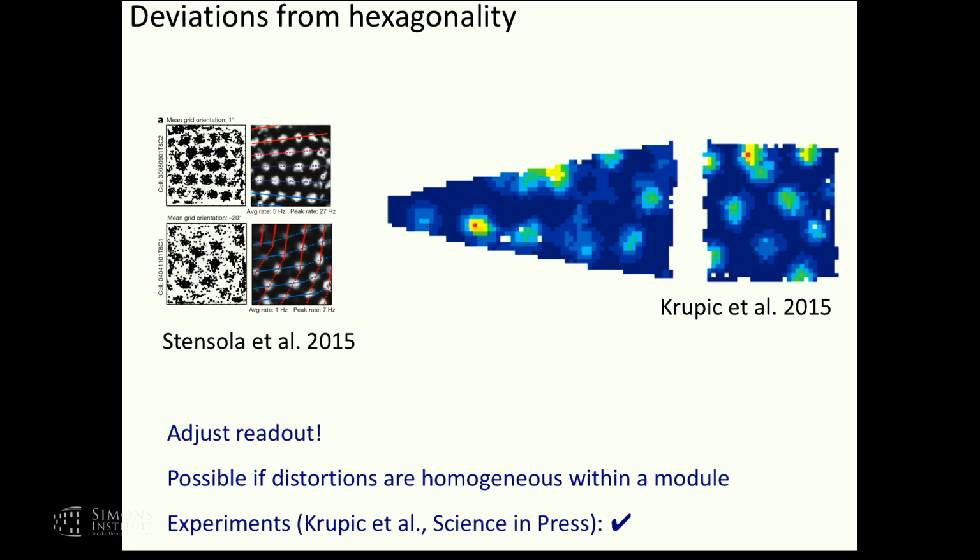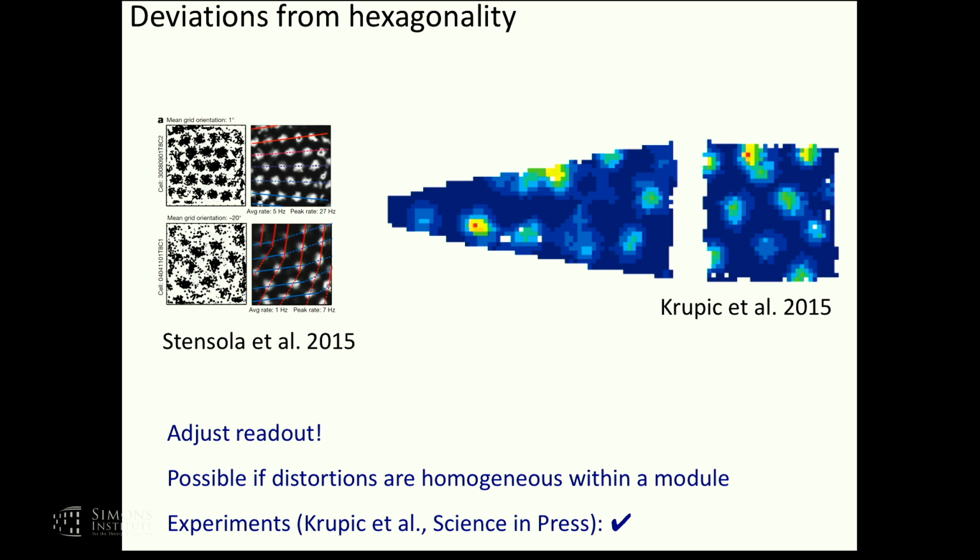And in fact, what we could show is that it's still all okay if the distortions are shared from neuron to neuron. So there can be position-dependent distortions, and as long as they are the same for all neurons within a module, then you can have a readout that is not affected by these distortions.